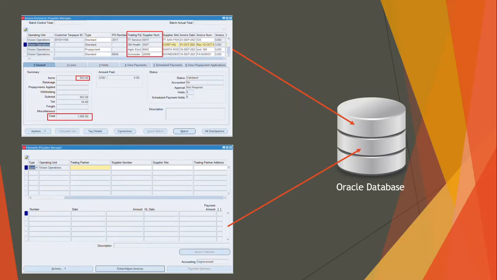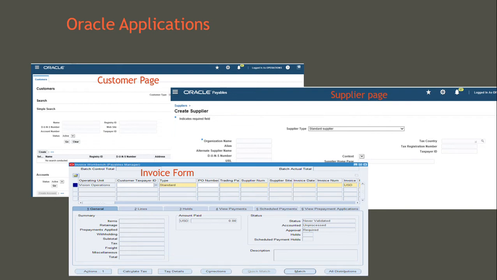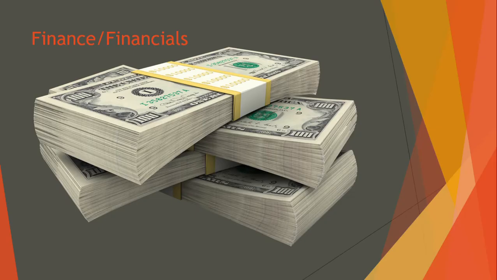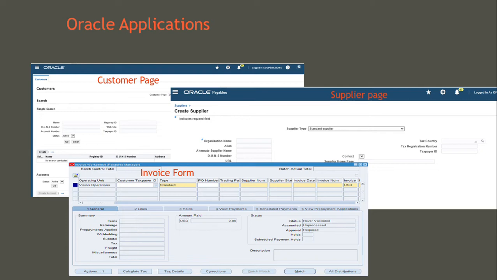For example, we have Oracle application forms. We have an invoice form, a customer page, a supplier page, and all these will be managed by a specific department. You'll find each department's forms don't look the same.